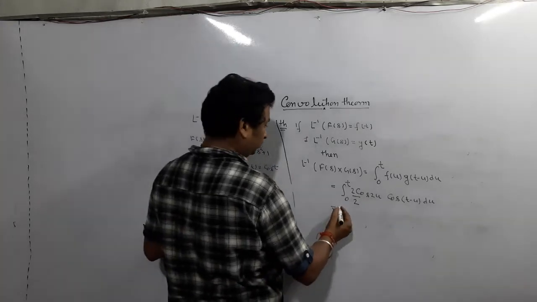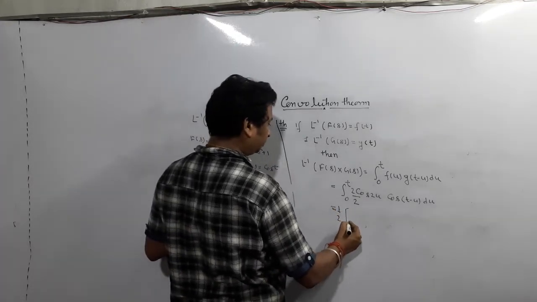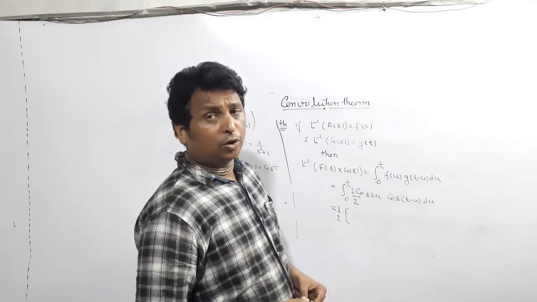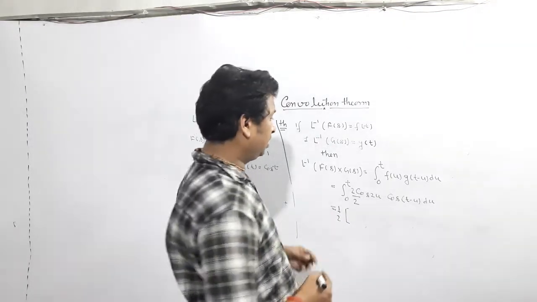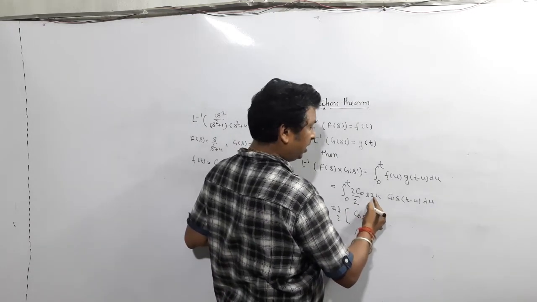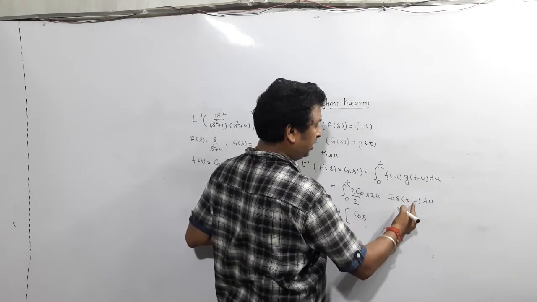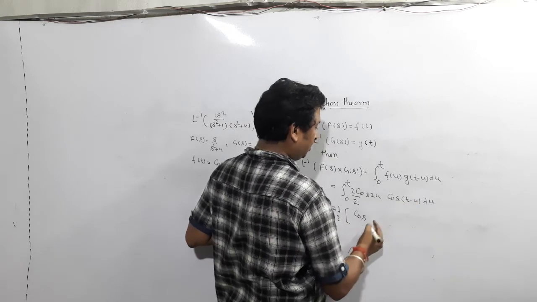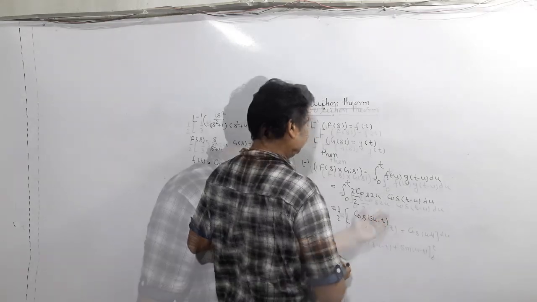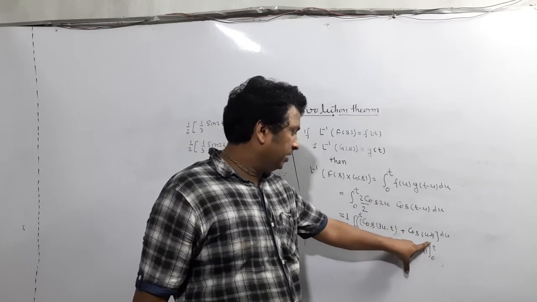So now 2 goes outside. For 2 cos A cos B, what is the formula? cos (A minus B) plus cos (A plus B). Taking A as 2u and B as t minus u, it becomes 3u minus t and u plus t, so it becomes this one.